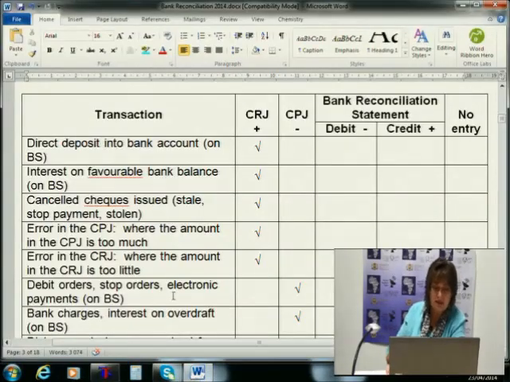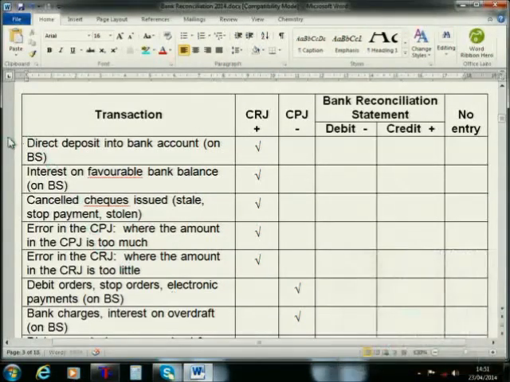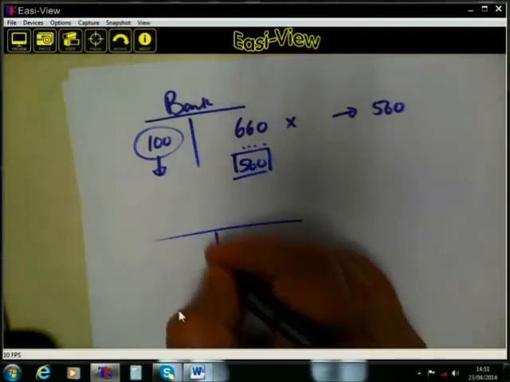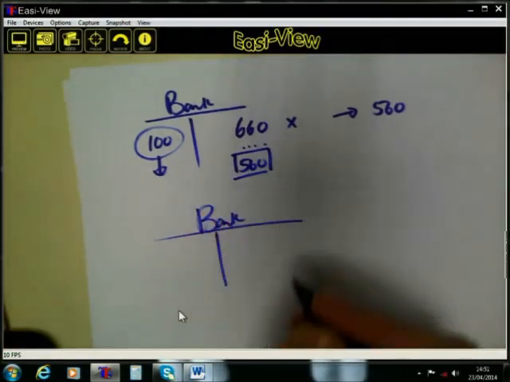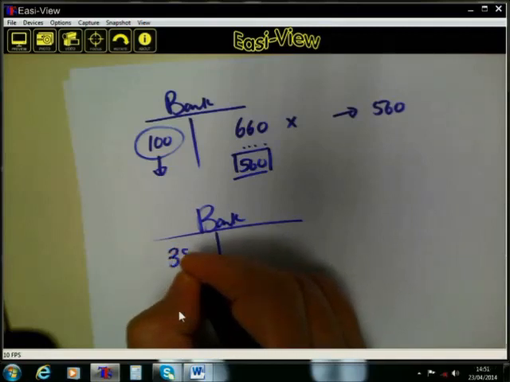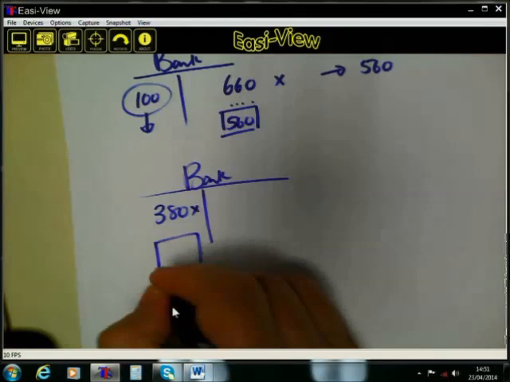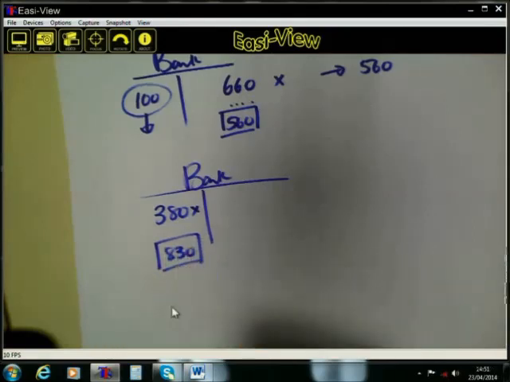In the CRJ: error in the CPJ where the amount in the CPJ is too much, and error in the CRJ where the amount in the CRJ is too little. Okay, let's see this one. You've got the bank account, and the amount on the debit side is 380 Rand, which is wrong. It's supposed to be 830. Exactly what must we do? We must add.